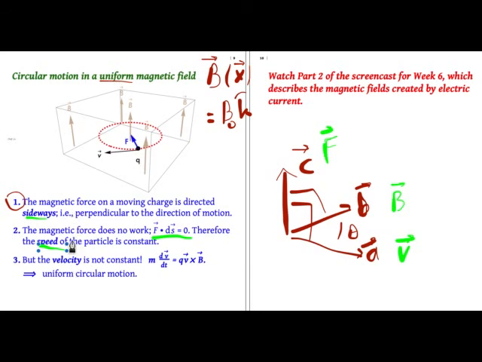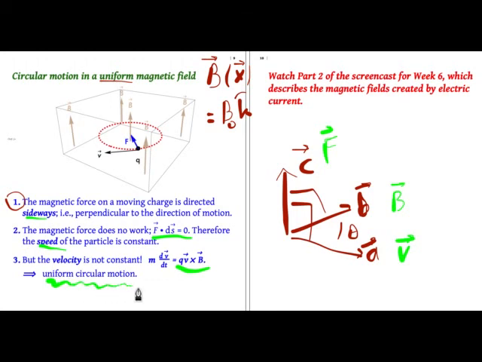So the speed is constant, but of course the velocity is not constant because we have Newton's second law. M dv/dt is qv cross B. As long as v and B are crossing, well, m dv/dt is not 0. So v is not constant. In fact, this is the condition for uniform circular motion.